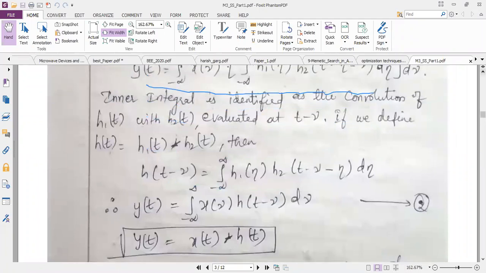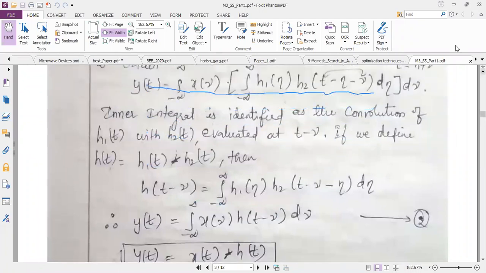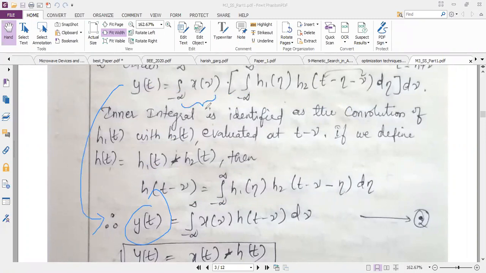So now what is my aim? My aim is to write my output y of t. So using this simplification, I can write my output y of t. This equation is equal to the integral from minus infinity to plus infinity of x of mu, that will be the same, and this complete h term I have written in terms of h of t minus mu.